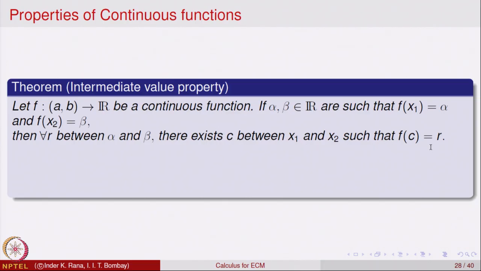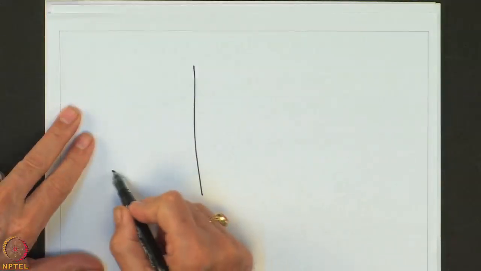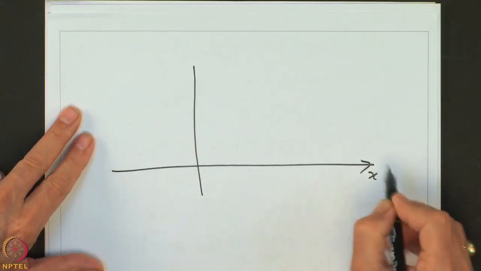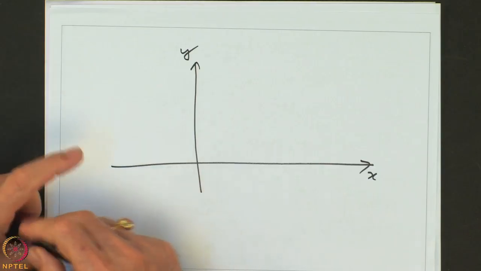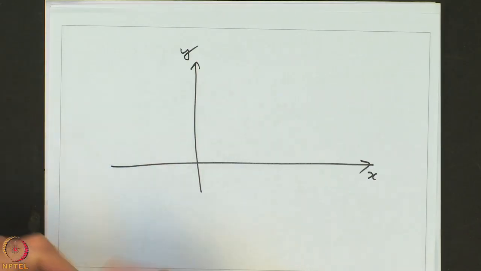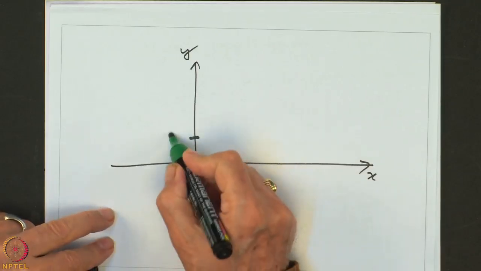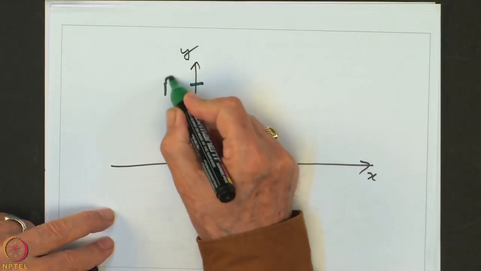Let me draw a graph of this function and explain pictorially what we are saying. This is x, this is y. Here is a value alpha and here is a value beta.